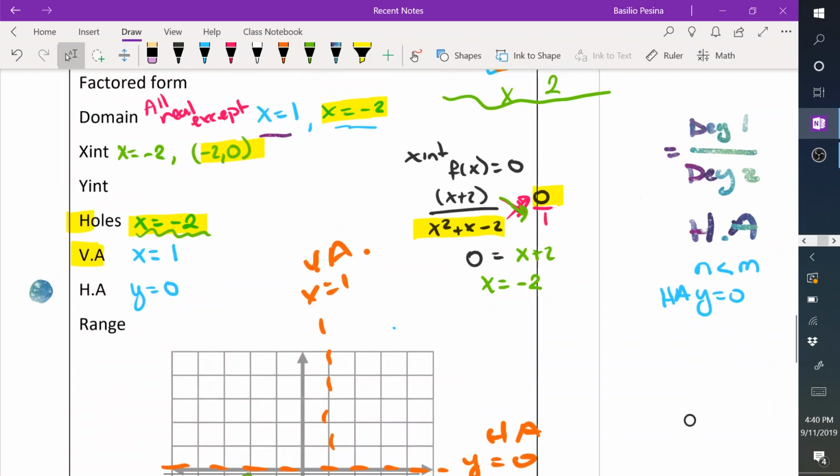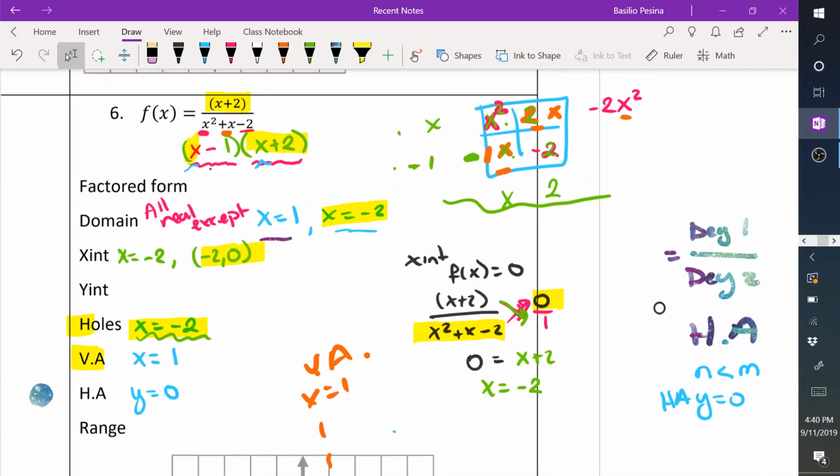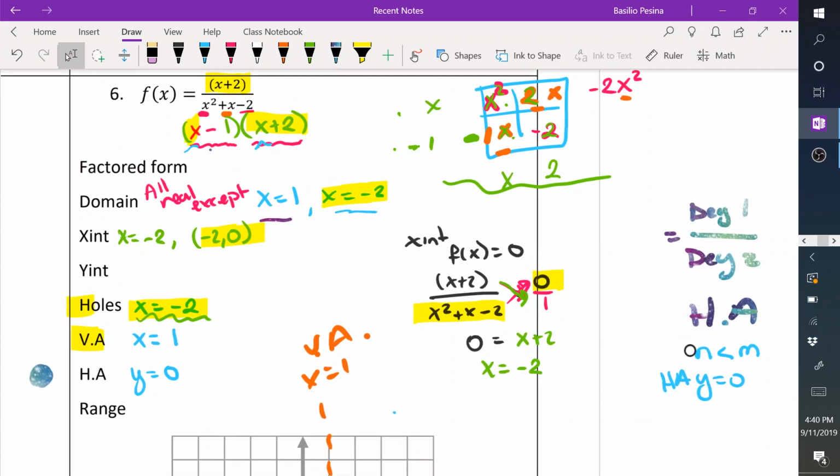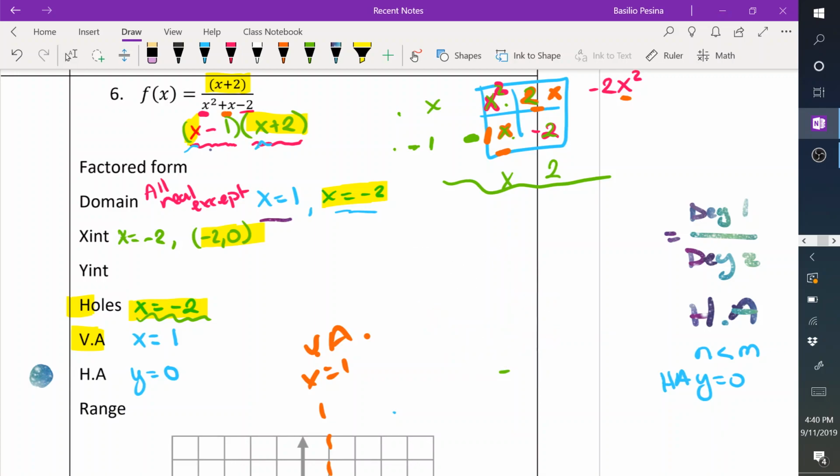Okay, can we do the same thing with the y-intercept? Well, sure. Let me go ahead and make myself some room. The y-intercept can be found by evaluating the function at 0. So I get my entire function, which was x plus 2 over x squared plus x minus 2, and I substitute 0.